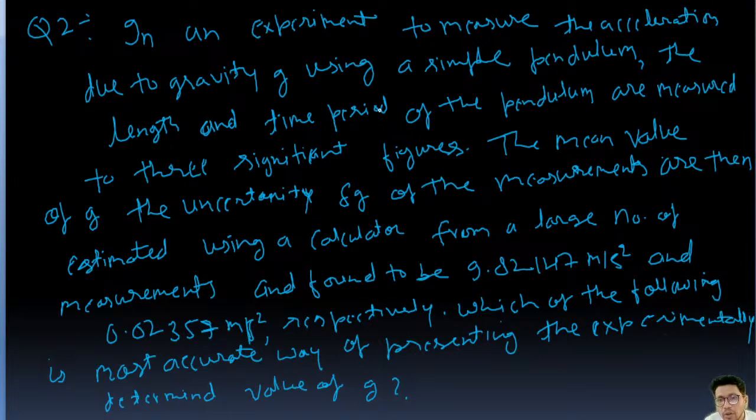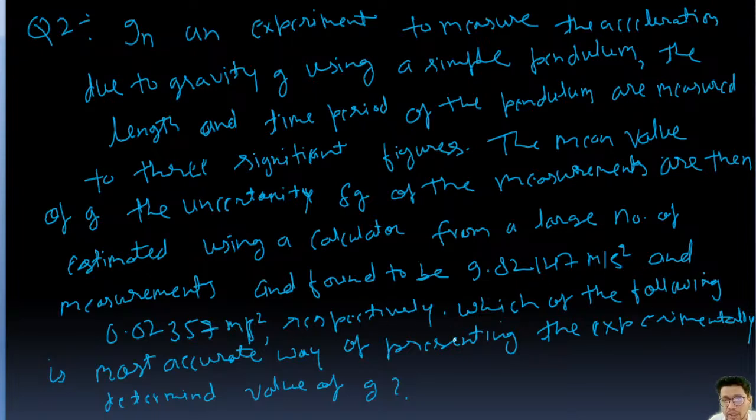The mean value of g and the uncertainty delta g of the measurement are then estimated using the calculator from a large number of measurements and found to be 9.82147 meter per second square and 0.02357 meter per second square, respectively.